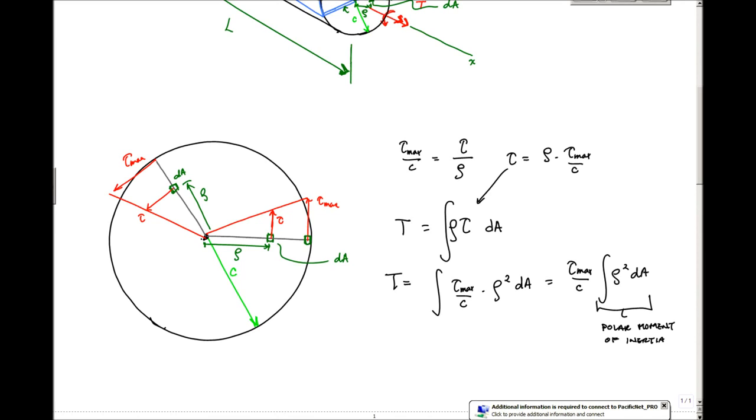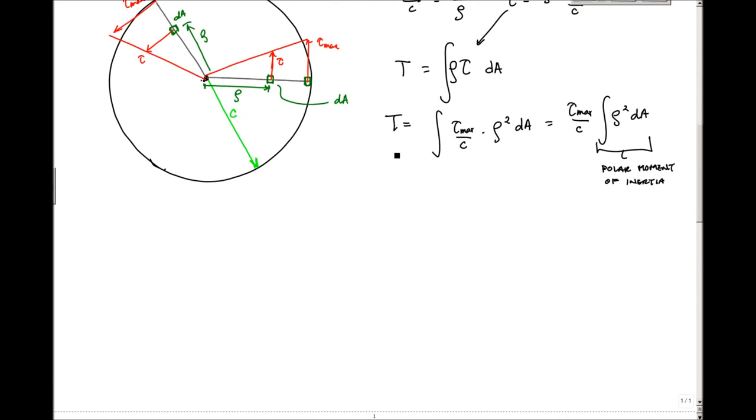And so this ends up in our very popular result, T equals tau max over c times J, where the symbol used for the polar moment of inertia is J. This is often rearranged so that the maximum shear stress in a circular shaft with an internal torque T is equal to T times the radius divided by the polar moment of inertia.